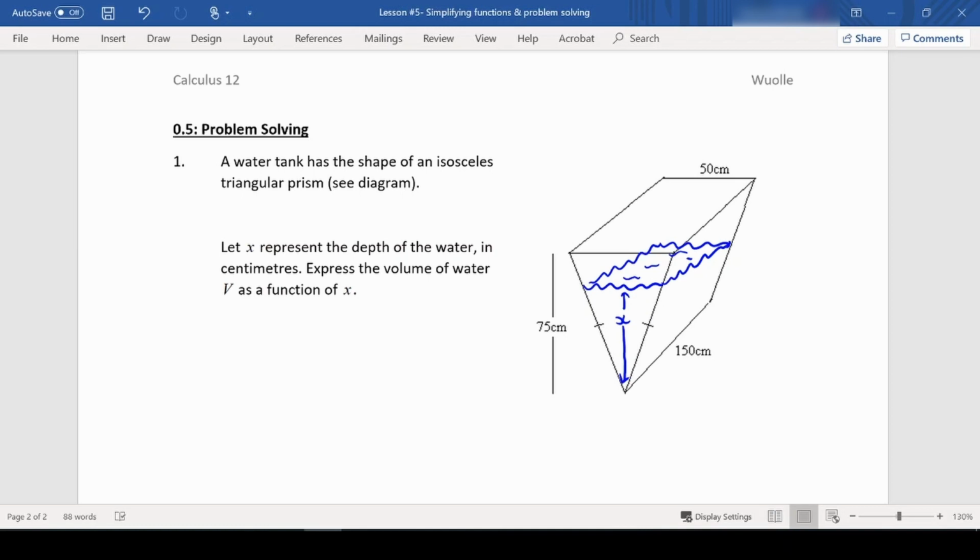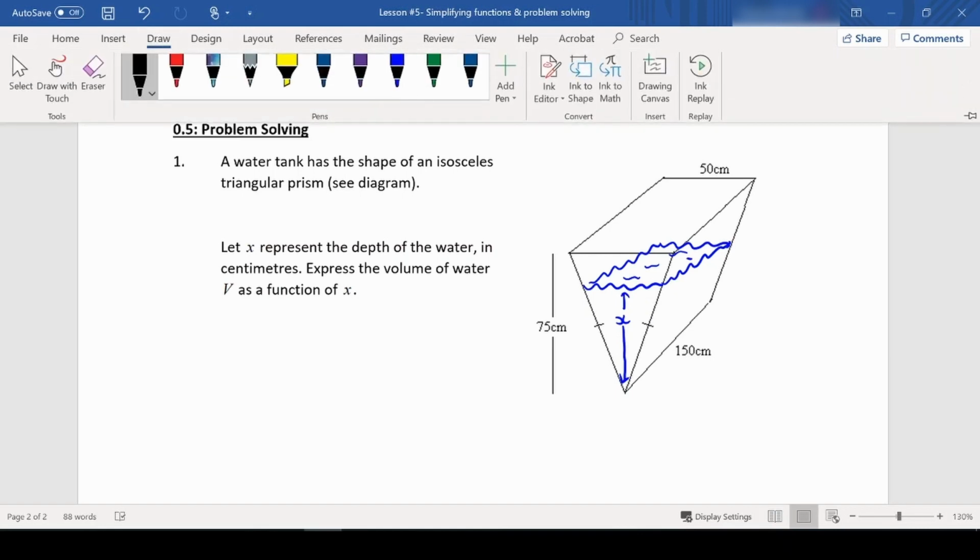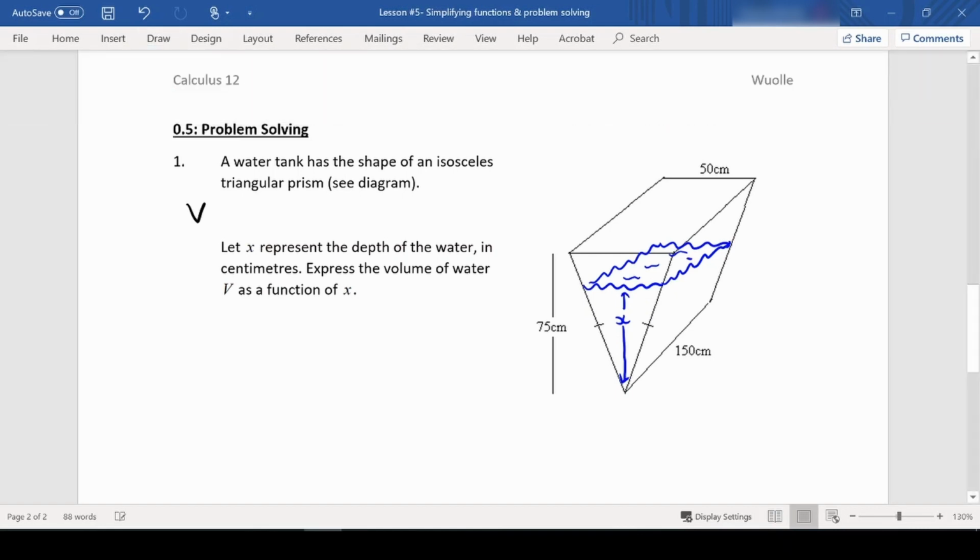It says express the volume of the water as a function of x. Okay, so first we need to know, well, how do I find the volume of a triangular prism? Volume is always going to be the base times the height.